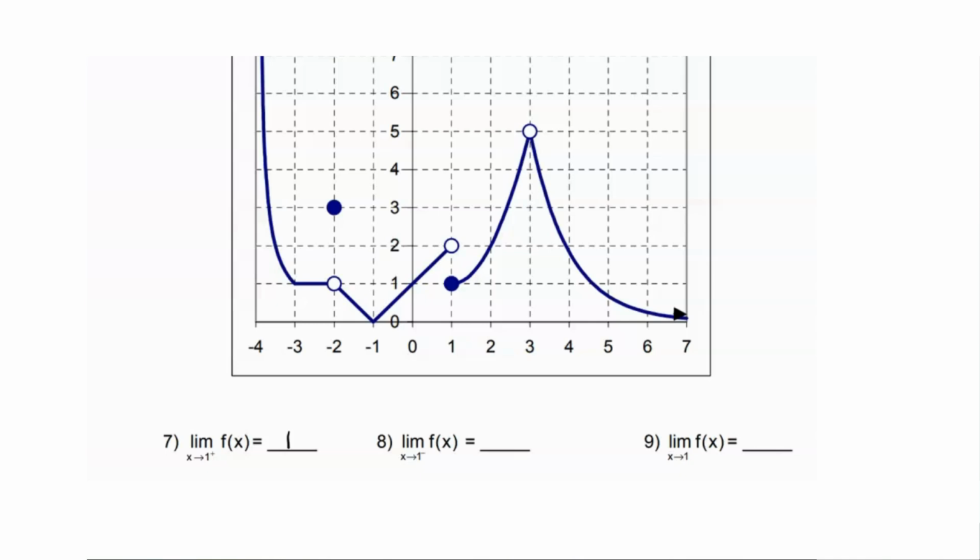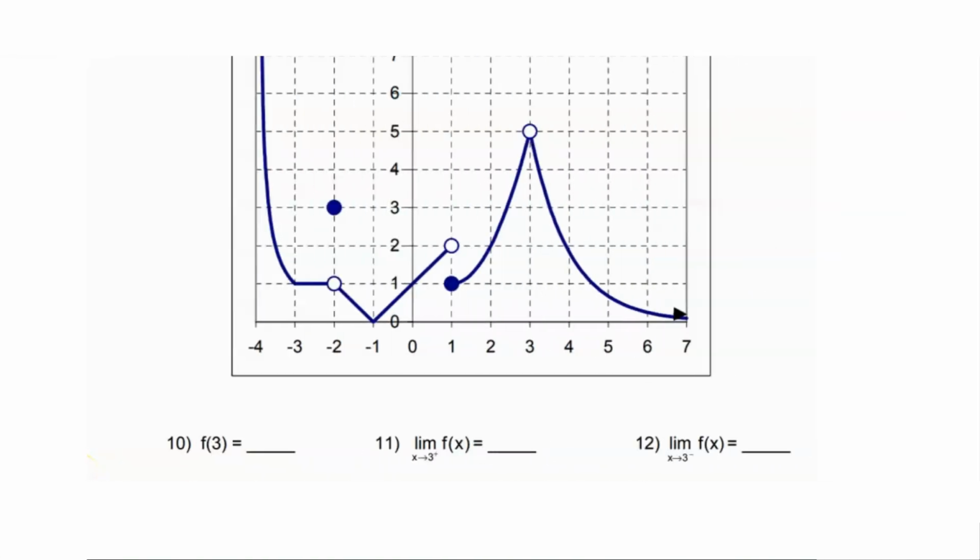So we go to the left of 1, we follow the graph, and we get 2. So does the limit of f of x as x approaches 1 exist? No, because the right-hand limit is 1 and the left-hand limit is 2, which means they're not equal to each other, so this would be: does not exist.